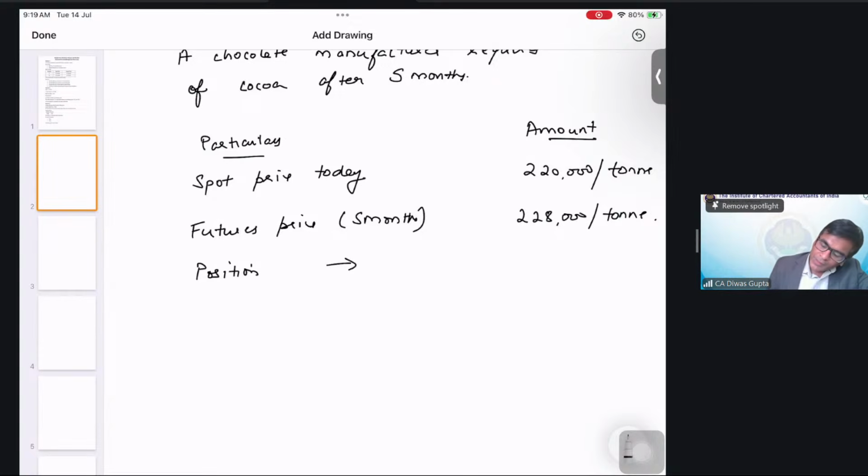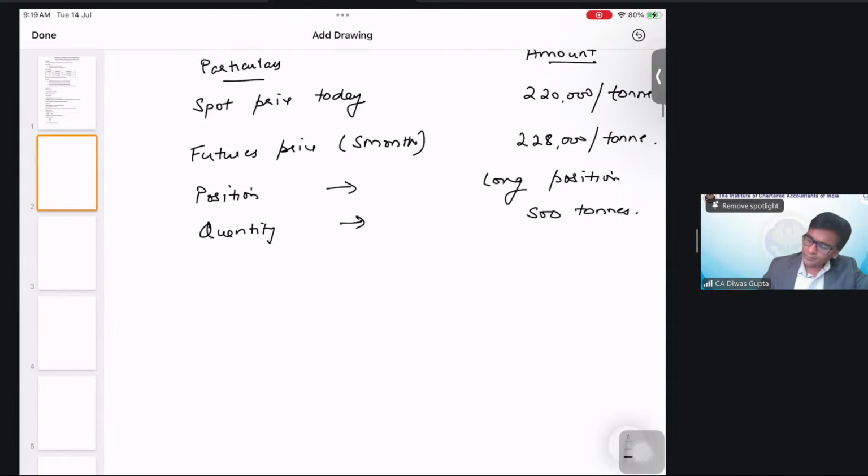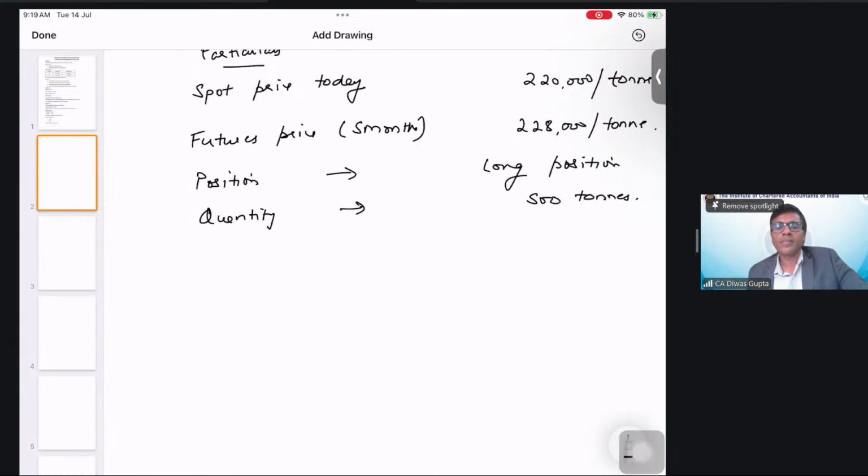Here, the position taken is a long position, which is also justified in the question. Quantity is 500 tons. Okay. So let's first of all comment on whether the company has taken the right thing or not.